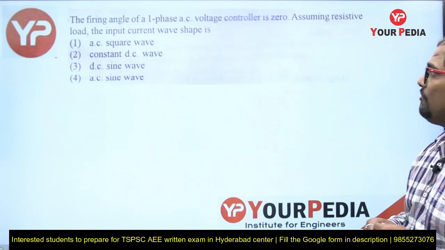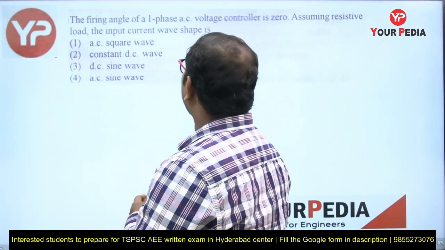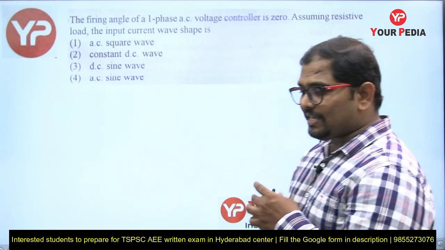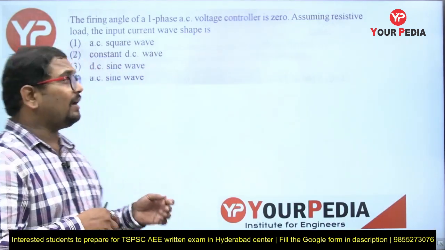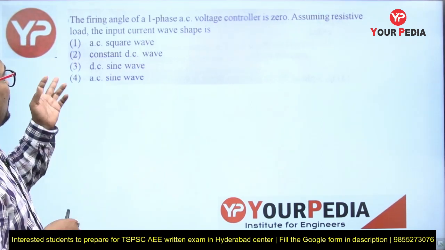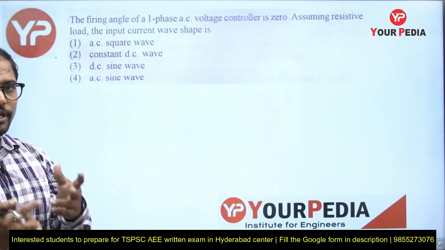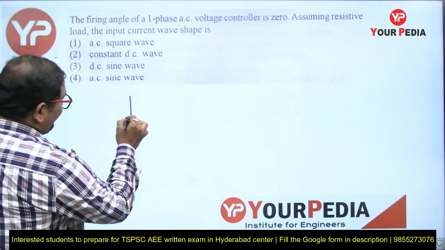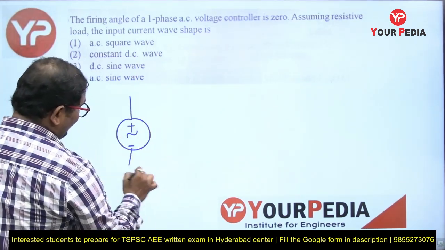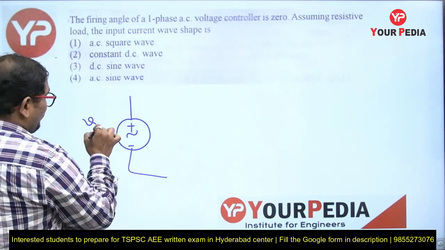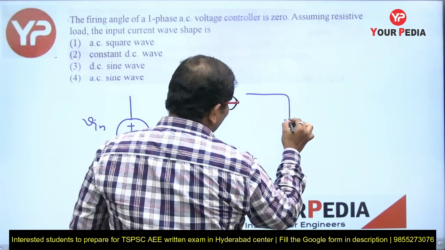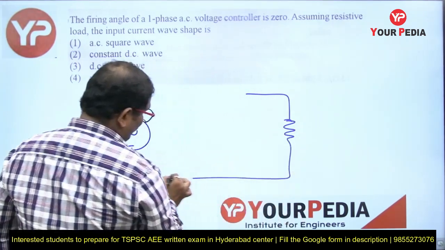What is the next question he has given? The firing angle of single phase AC voltage controller is 0. So single phase AC voltage controller he has given, and its firing angle he has mentioned as 0, assuming resistive load, and the input current wave shape. How does the input current wave shape look? If you take the AC voltage regulator, the input is AC, and output you will also get AC, and what type of load he has mentioned?